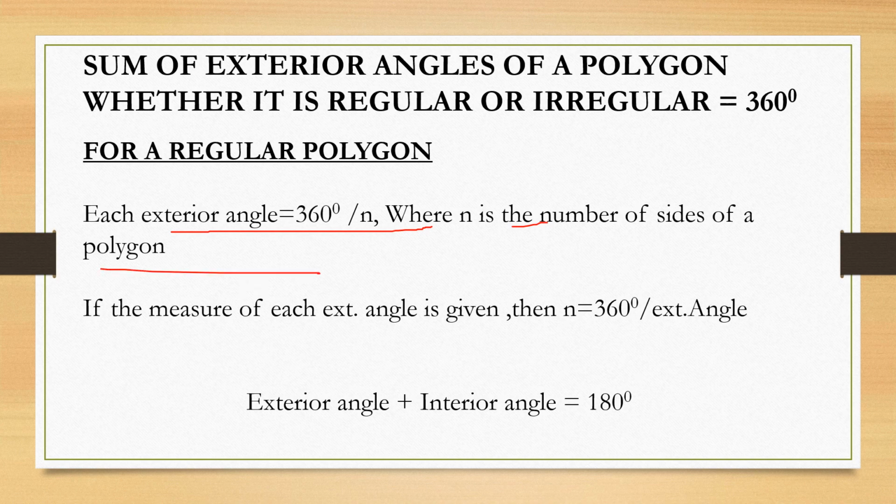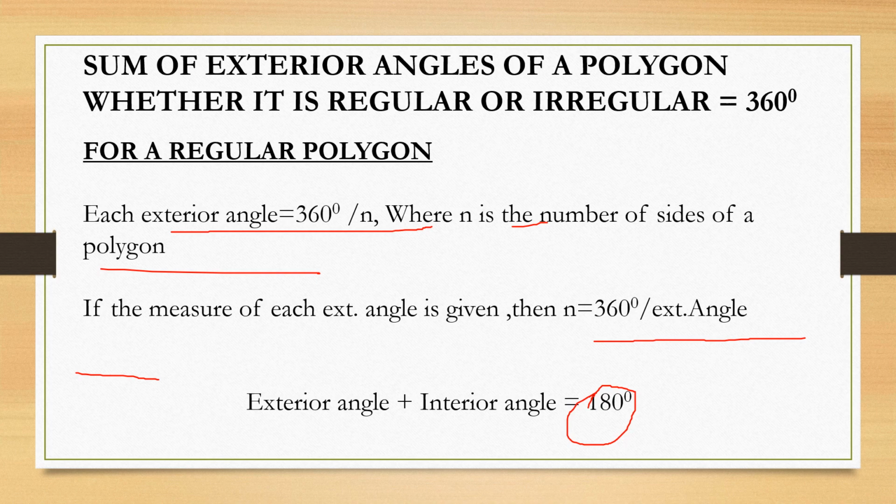If the measure of each exterior angle is given, then you can interchange the places of n and exterior angle. You will find n is equal to 360 degree upon exterior angle.